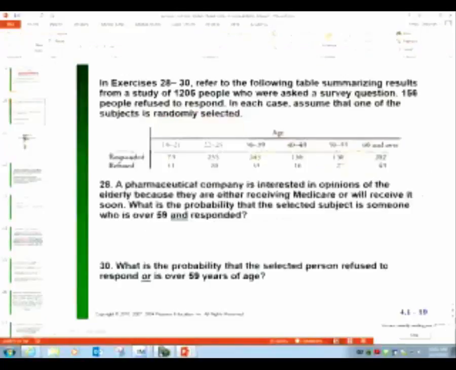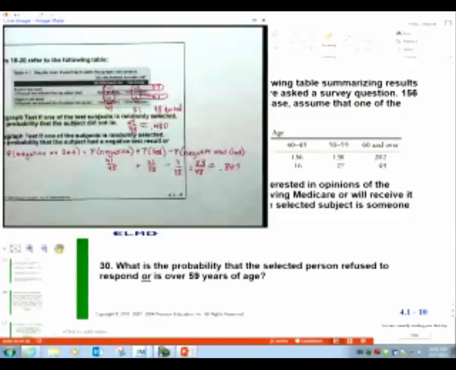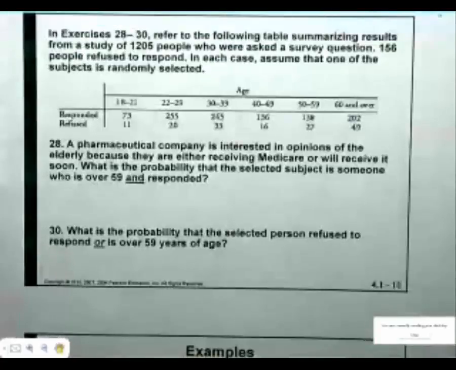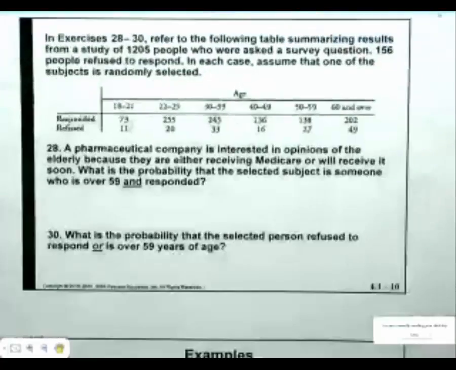Another table. I have this one printed as well. This is a table that summarizes the results of one study of 1,205 people, who were asked a survey question. Doesn't matter what the question was, we want to know how many were willing to respond and how many were unwilling to respond.